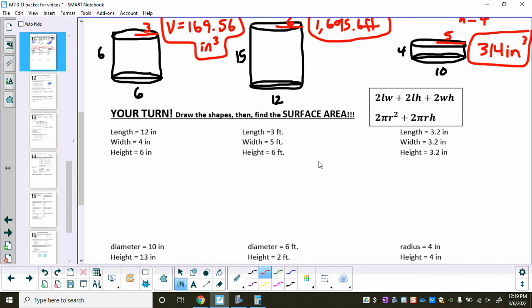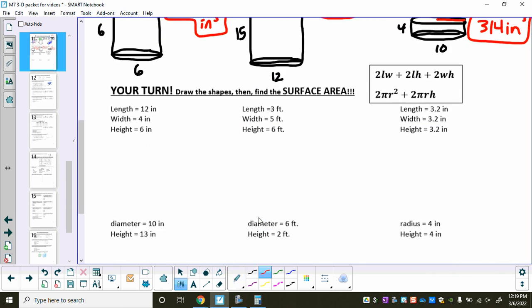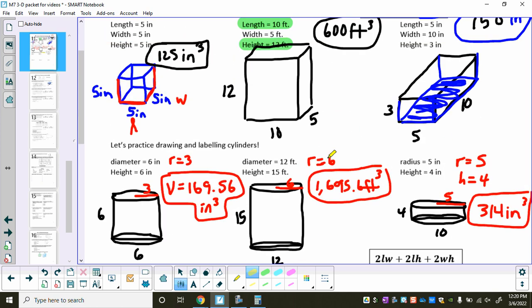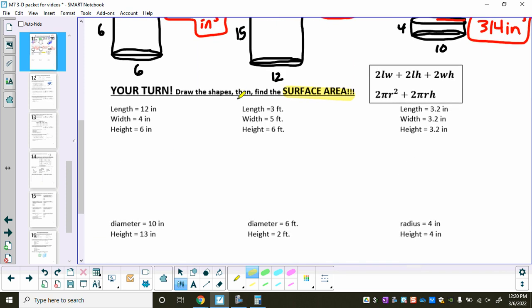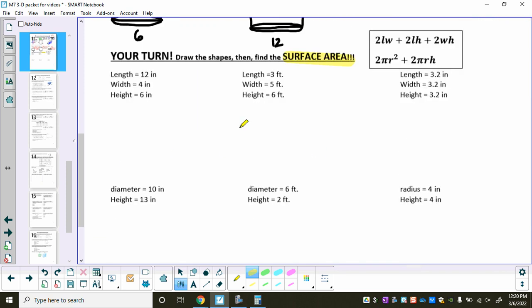Now when you come down here, you're going to be drawing these shapes, but afterwards, you're going to be practicing finding surface area, all right? Surface area. So instead of filling up the shapes like we did up here, you're going to basically be practicing covering up the shapes.